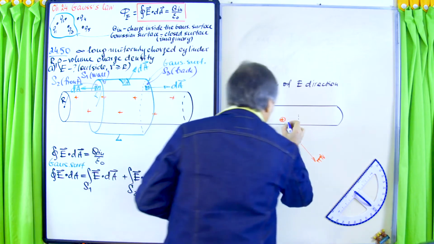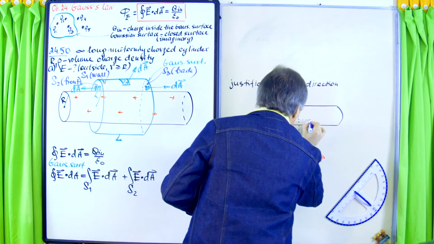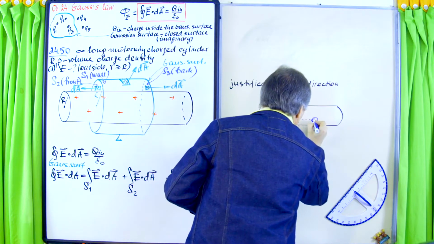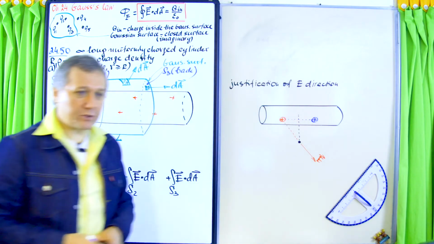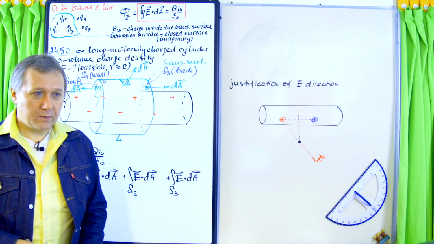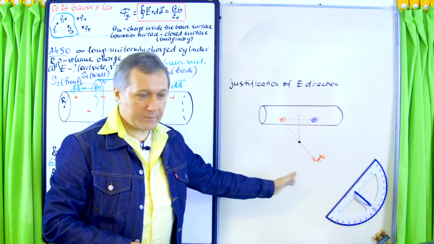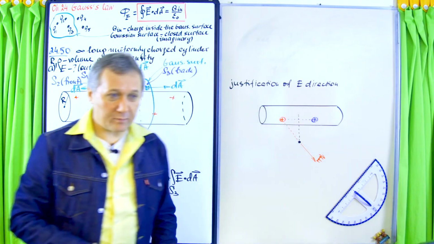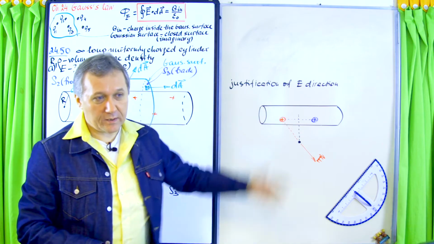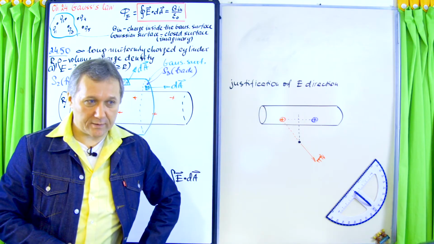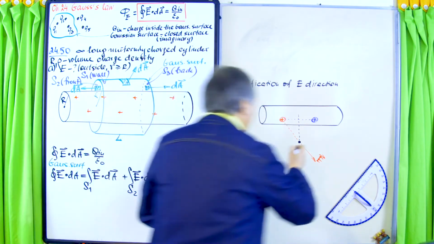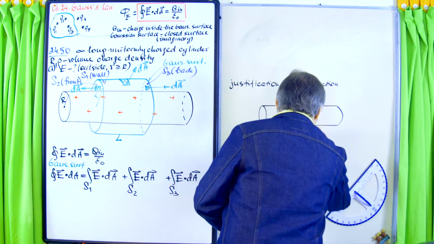But at the same time, this is an infinitely long, uniformly charged cylinder. Of course, for any charge on this side, I can find symmetrically positioned charge, again symmetrically relative to this line, right? So this distance and that distance are the same. And what will be the contribution to the net electric field at this point from that blue charge?